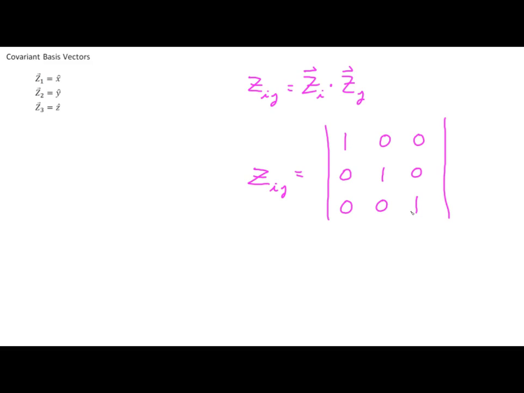And so what you see here is the covariant metric tensor in Cartesian coordinates. Now, one of the outcomes I want to show you is that these diagonal elements are x hat dot x hat, y hat dot y hat, z hat dot z hat.